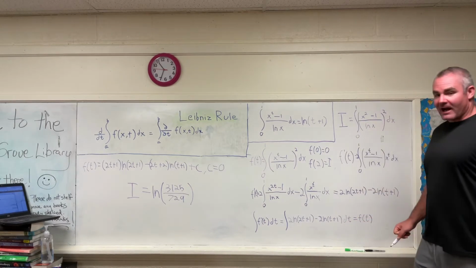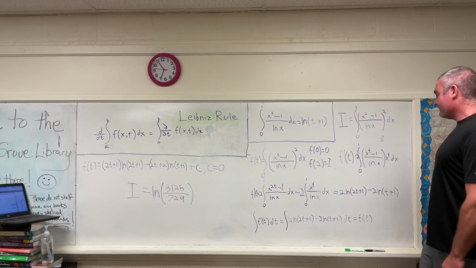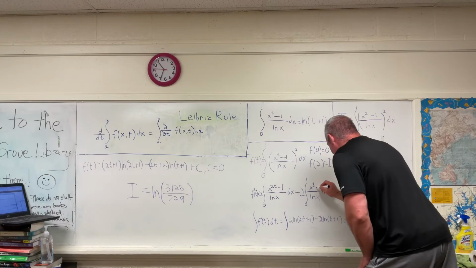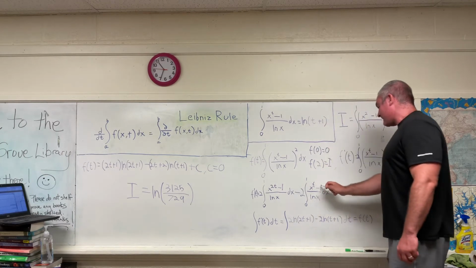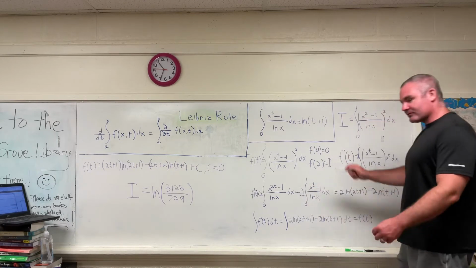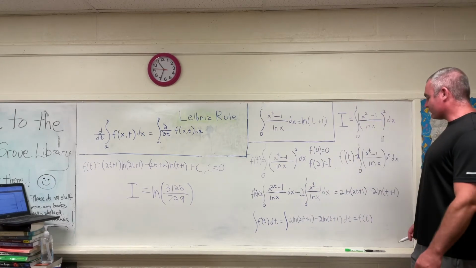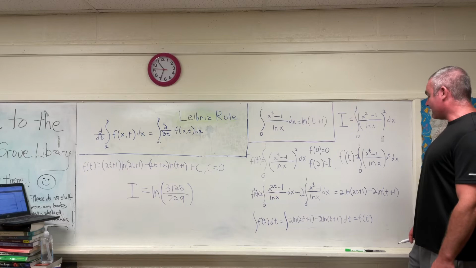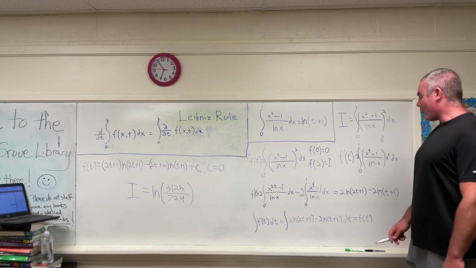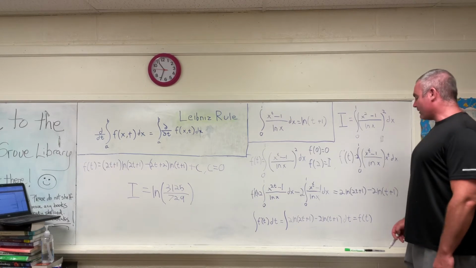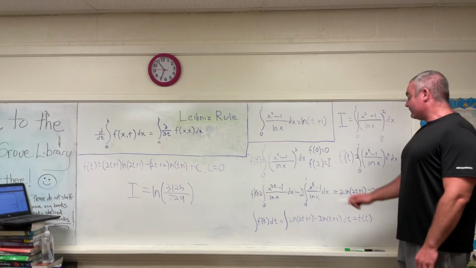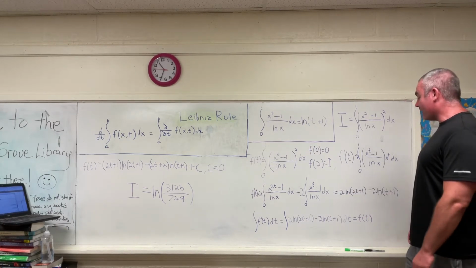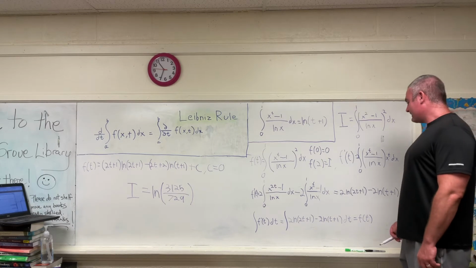So since we subtracted that, we need to add it back. And we can add it back like that. And you can see that that will actually add it, because this is a negative and they distribute. So we're adding 2 times the integral from 0 to 1 of 1 over the natural log of x dx.